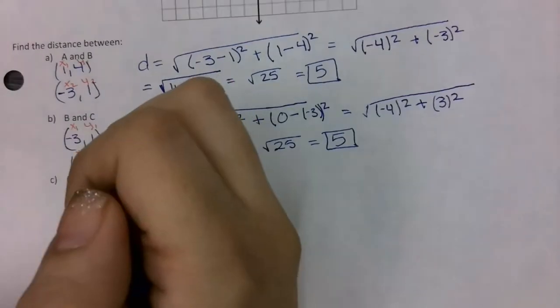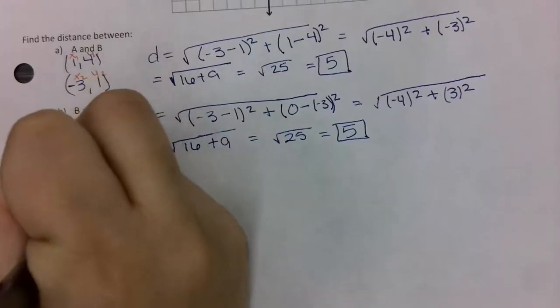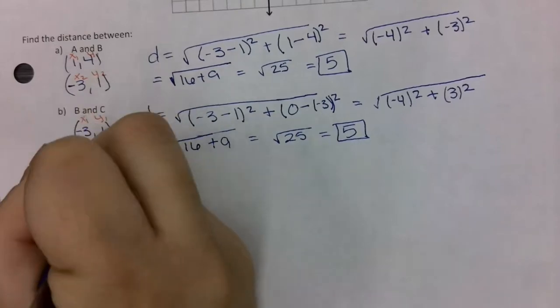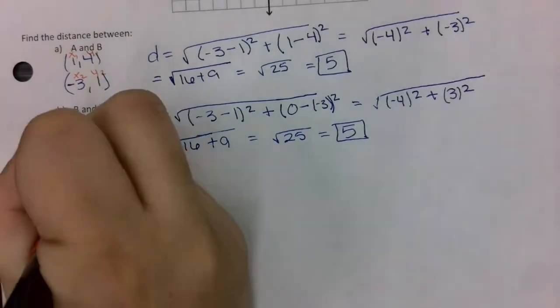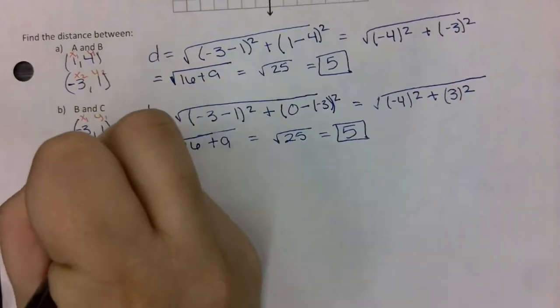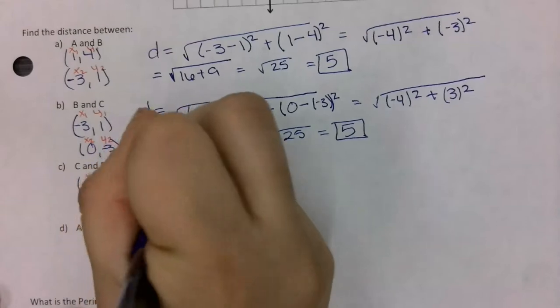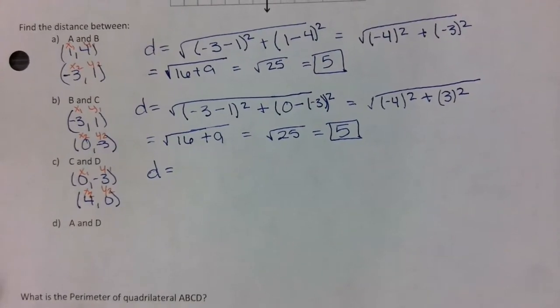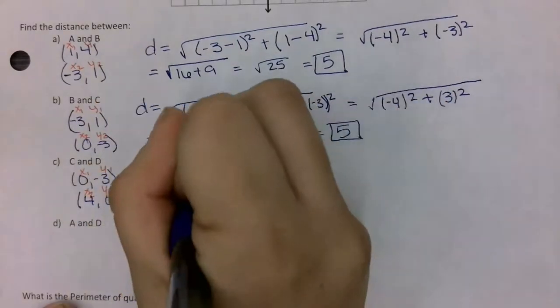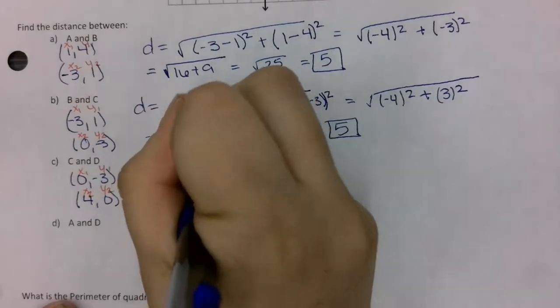Okay, so then I want to do the same thing for C and D. I'm just plugging in the points from C and D. Okay. So what is x2? x1?